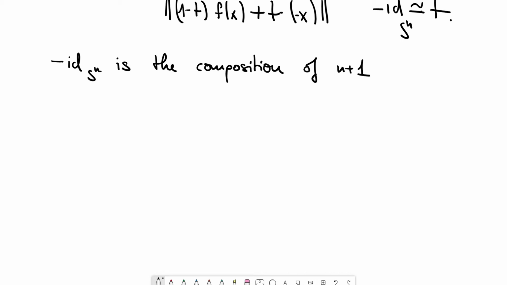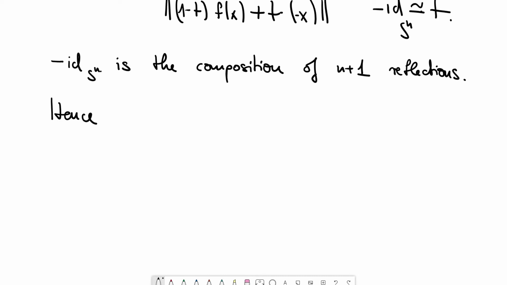And inserting one minus sign in a coordinate corresponds to a reflection. So we have n plus 1 minus signs, so we can view this as the composition of n plus 1 many reflections. A reflection on Sn induces multiplication with minus 1 on the top homology.